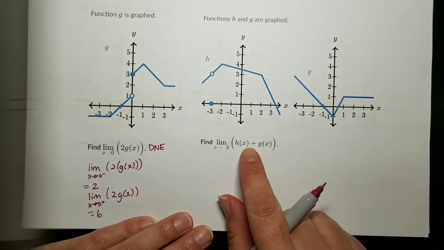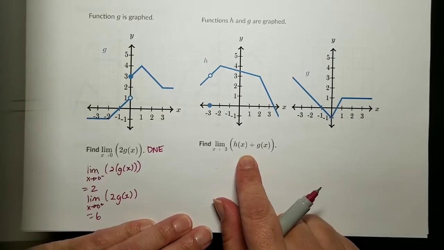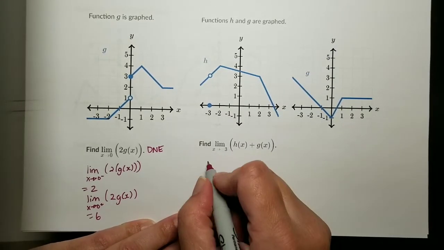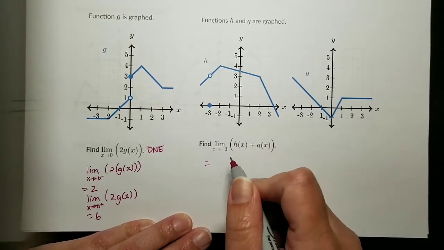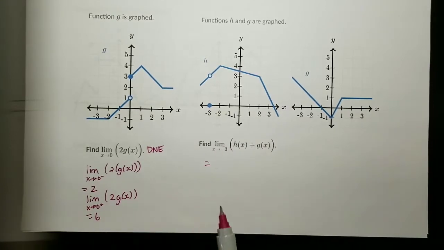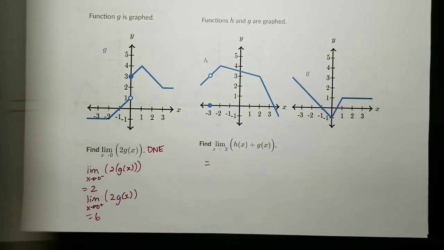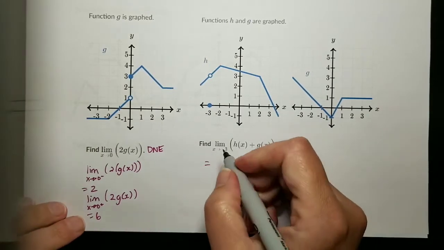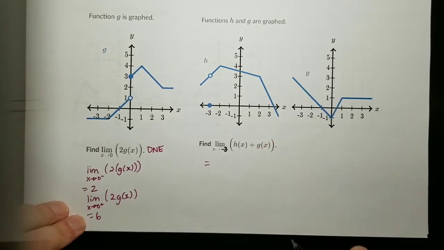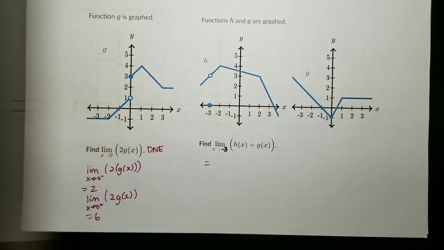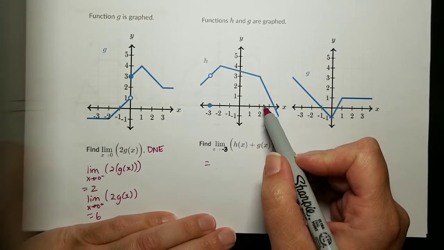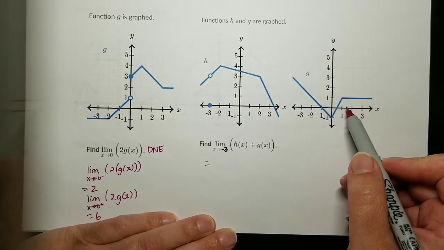Here, if the function's continuous, remember that we can separate this. That is actually a -3. I'm not sure if you can see that in the video, or maybe I made it worse with my marker. But here we have two graphs: a graph of h at x and a graph of g at x.